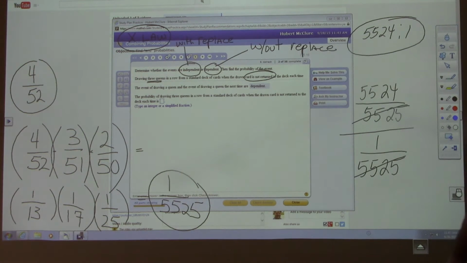So if you bet a $25 bet, take your 5,524 and multiply by $25. $138,100. You walk away with $138,000.